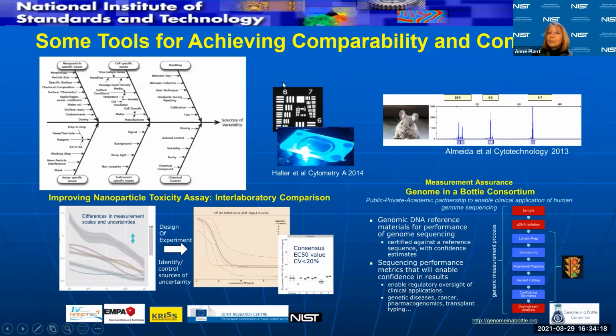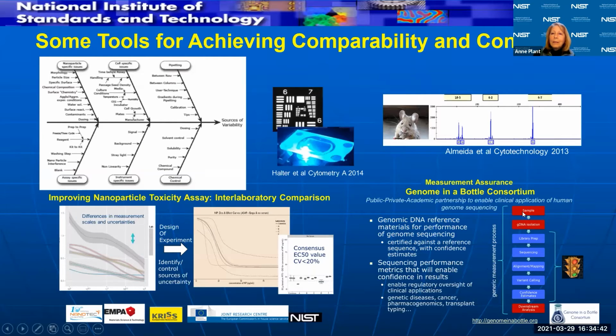And so those tools might include reference materials, like, this is a reference material for benchmarking microscopes. It might be assays for analyzing cell lines and whether or not the cell lines are coming from the species that you think you're using.